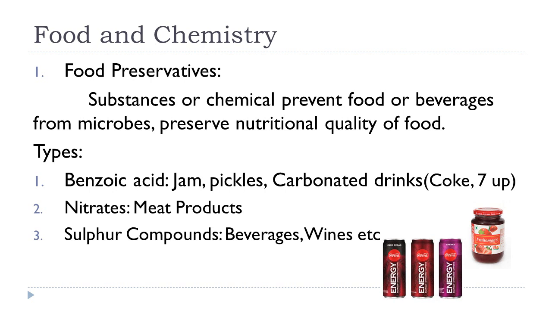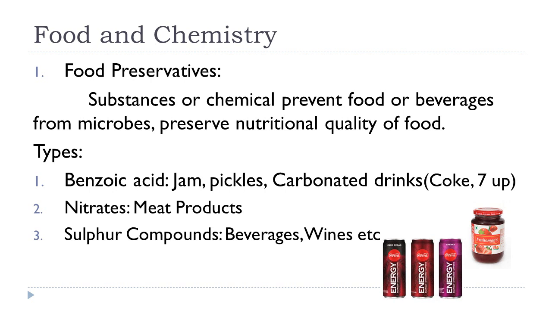And what are the types of preservatives? The commonly used preservatives are benzoic acid. It is used in jam, pickles, carbonated drinks. For example, for carbonated drinks, Coca-Cola, Pepsi, like that. And next one, nitrates. Nitrate is a chemical.